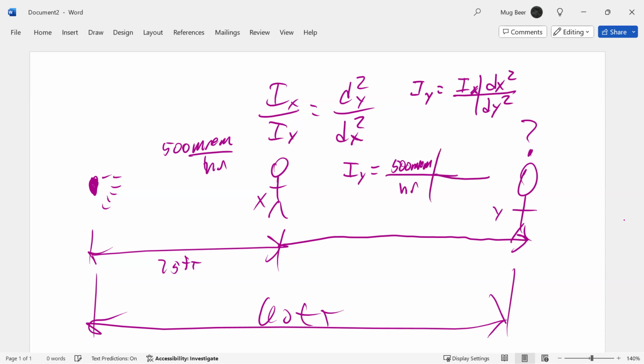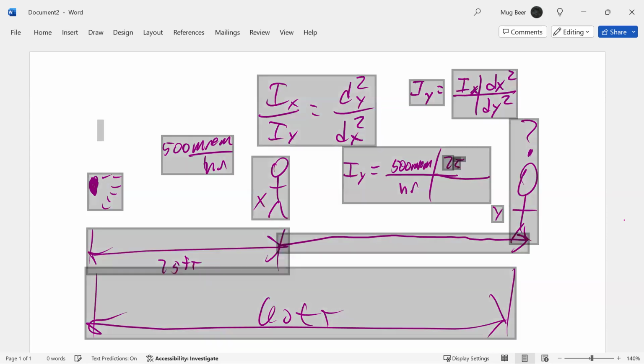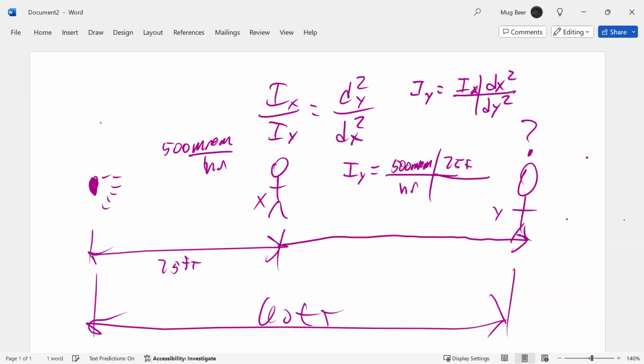And my distance was 25 feet. So 25 feet squared divided by 60 feet squared. So the feet squareds cancel out, just left with millirem per hour.